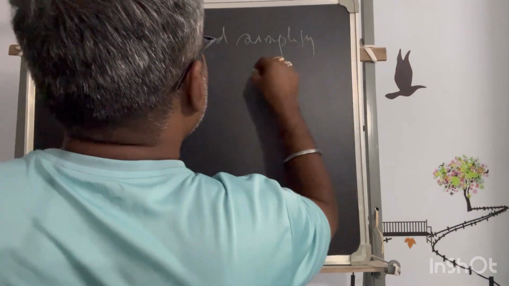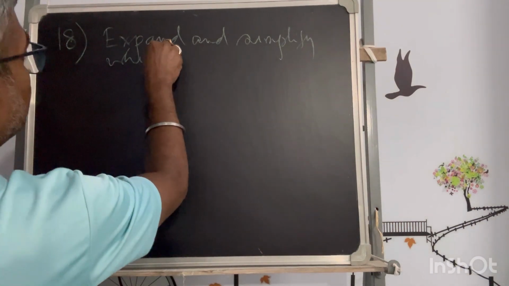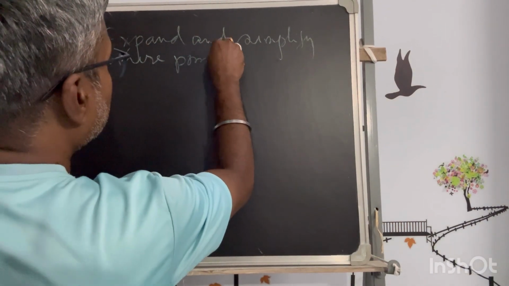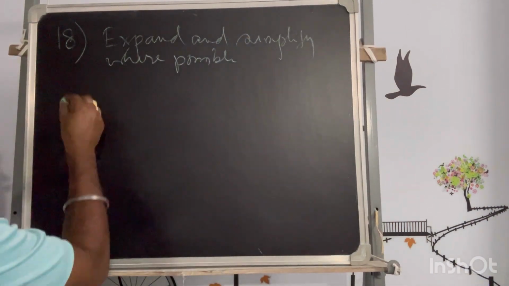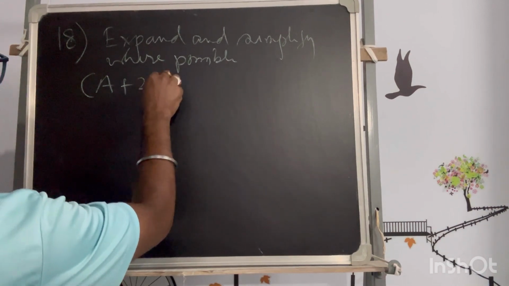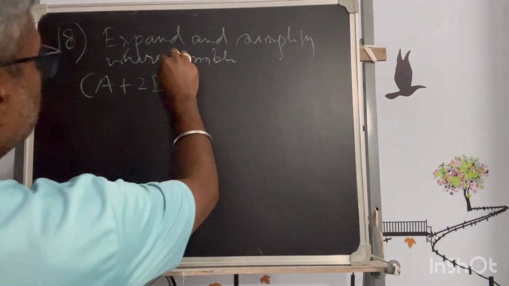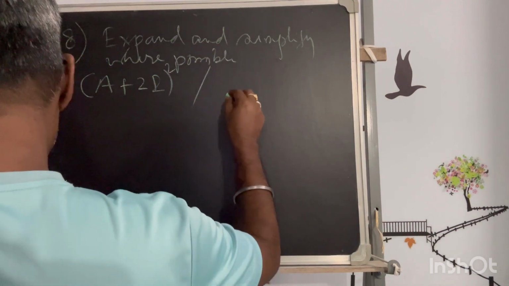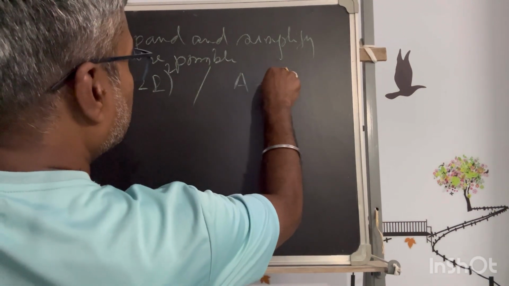Okay, so the things given are (A plus 2I) whole square, and the second one is given as (A minus B) whole square.